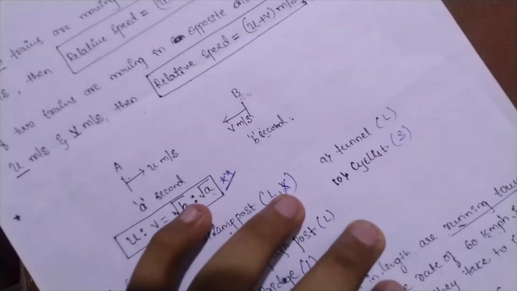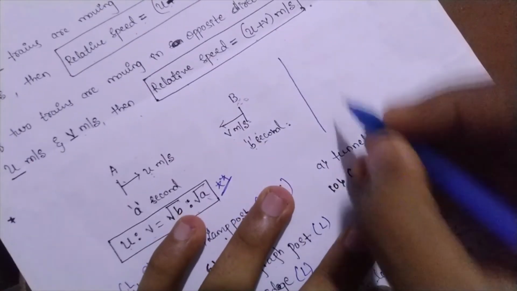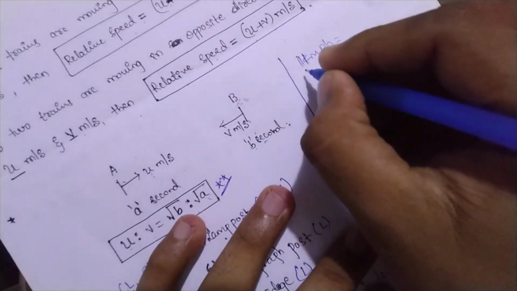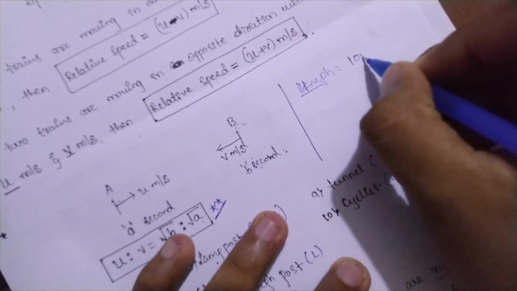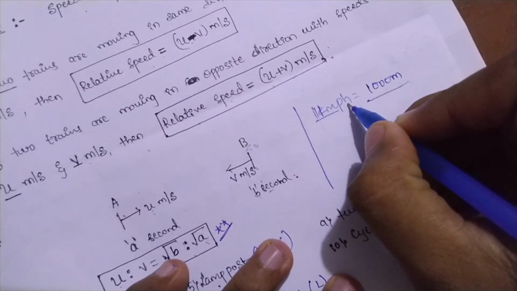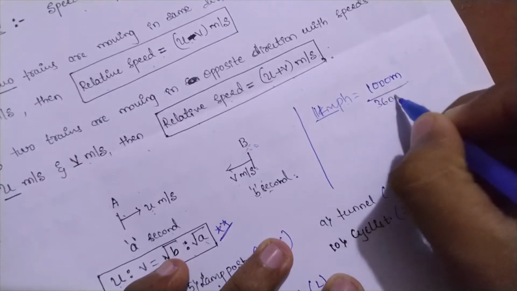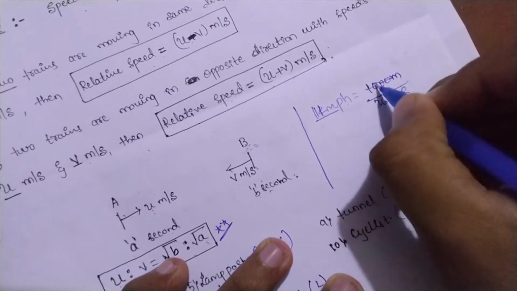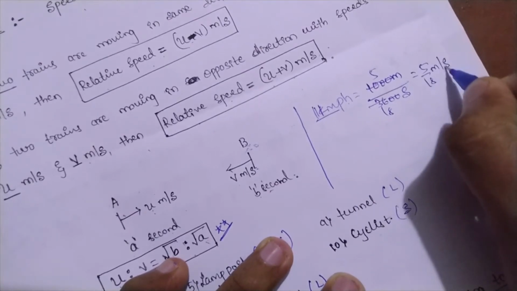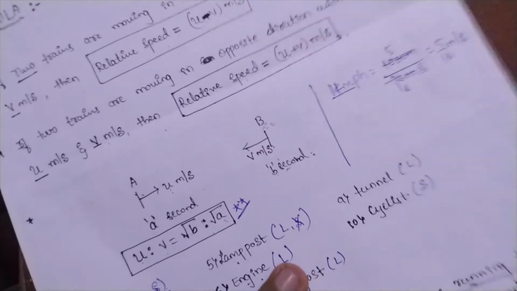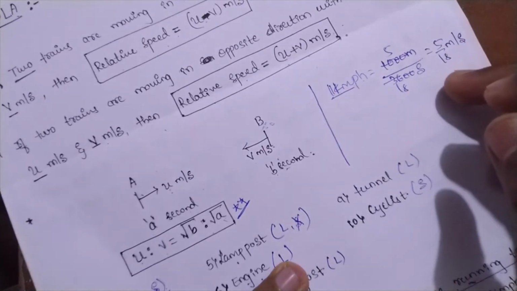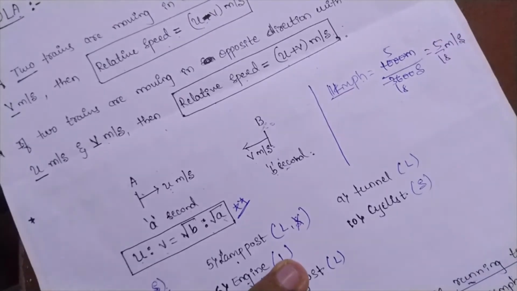If not, 1 kilometer per hour is 1 kilometer, that is 1000 meters, per hour, and 1 hour consists of 3600 seconds. So 1000 by 3600 equals 5 by 18 meter per second. Remember that. And from meter per second to kilometer per hour, reverse this, 18 by 5.